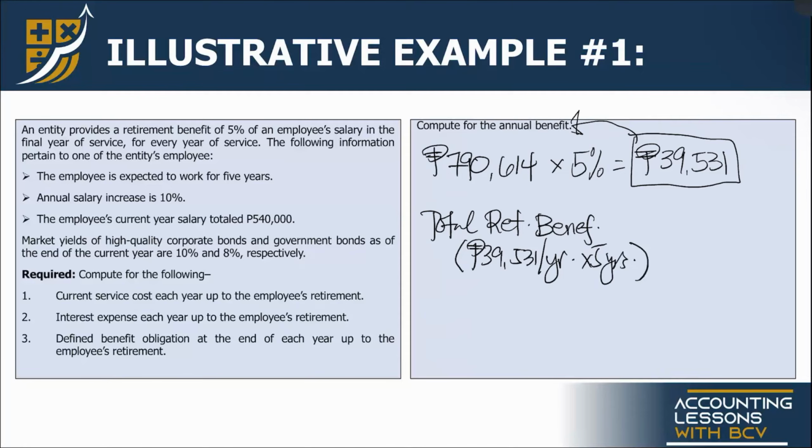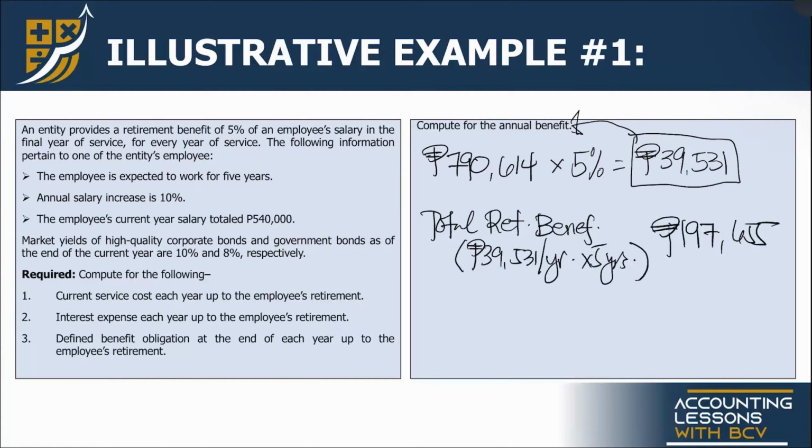So ang kanyang total retirement benefits ay 197,655. Okay? So at the end of the 5 years, yan yung ibabayad ng company.